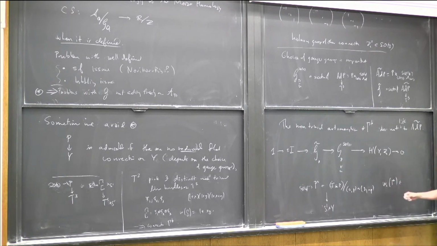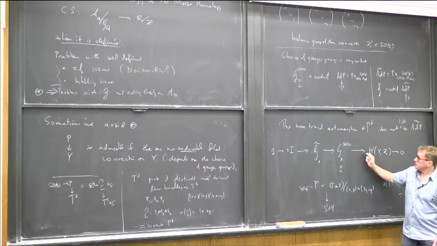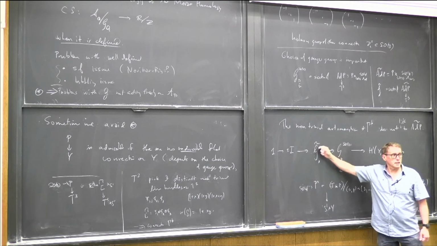And that second Stiefel-Whitney class lives in H2 of S1 times Y with Z2 coefficients, which is isomorphic to H1 of Y with Z2 coefficients plus H2 of Y with Z2 coefficients. The H2 of Y bit, well, that's just the second Stiefel-Whitney class of the bundle P to begin with. And the component here is the obstruction to being able to lift it back.